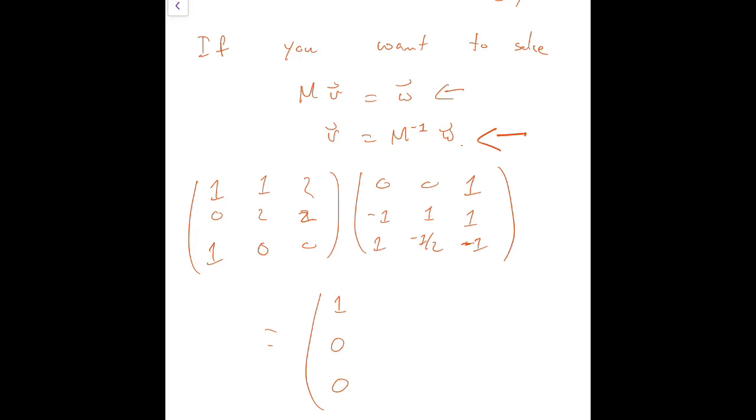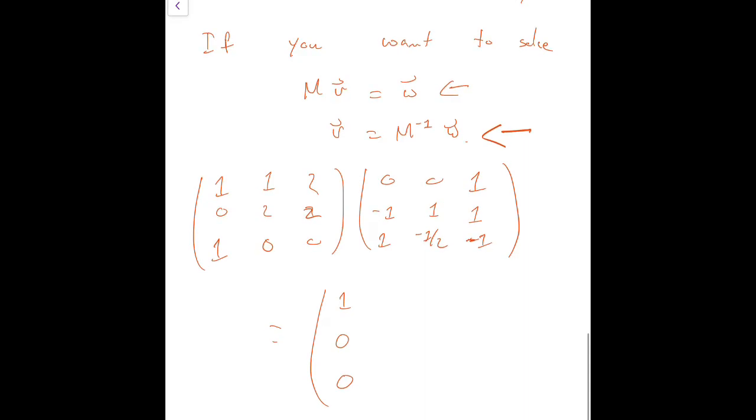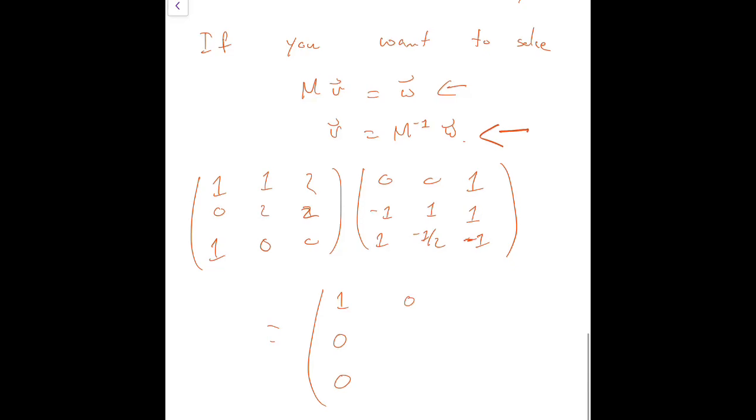The top row middle entry is 0 times 1, which is 0, plus 1 times 1, which is 1, plus 2 times minus 1, so that's 1 minus 1, that's 0. Then the middle entry is 0 times 0, plus 1 times 2, that's 2, minus 1, so that's 1. The bottom entry is also going to be 0.